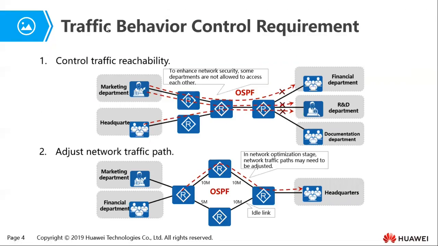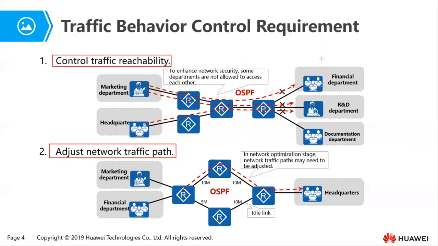So we have two traffic behavior control requirements that we might want to implement in our networks. The first one is to control traffic reachability, and the second one is to adjust the network traffic path.